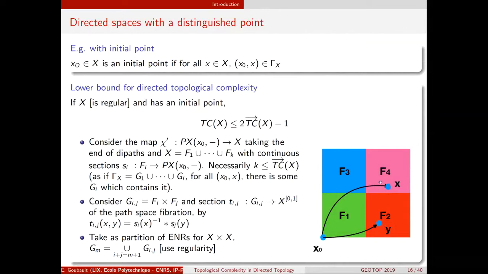And so if you are able to partition gamma X in k parts, k equal to 4 in that picture, where k is the directed topological complexity, then you are going very easily to find at least a partition of k square subsets of X cross X with continuous sections into the topological space of paths.